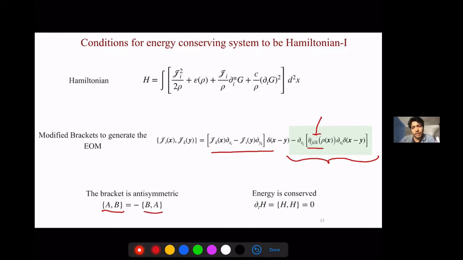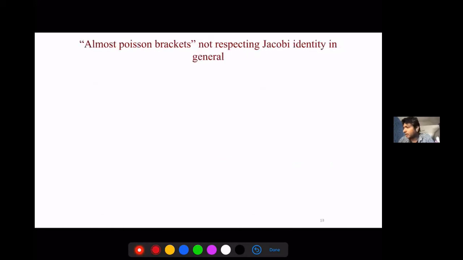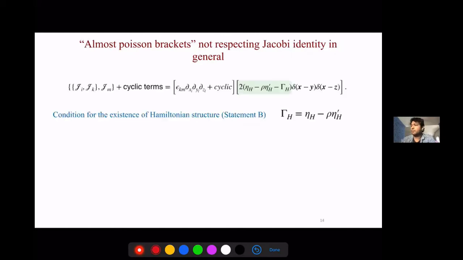Using that antisymmetry property, you can also see that the energy is still conserved because of the bracket structure, because this is trivially true. Typically, you are done. Everything is Hamiltonian, except that your brackets need to satisfy the Jacobi identity as well. And this is where the constraint comes from.